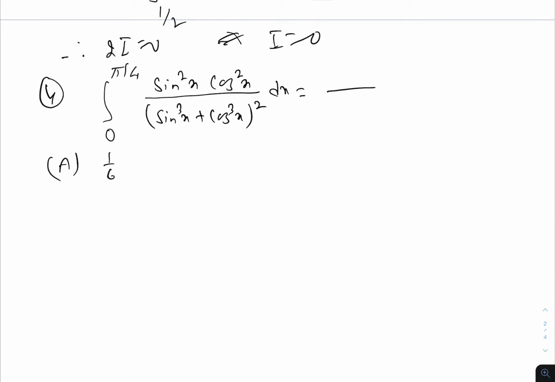Options are 1 by 6, 1 by 12, 1 by 4 and pi by 8.